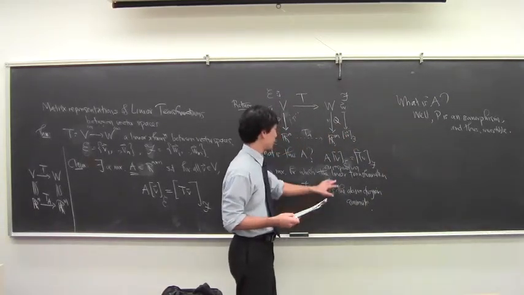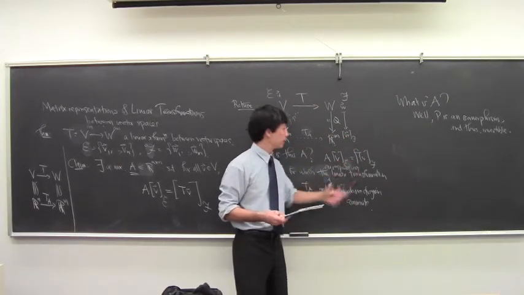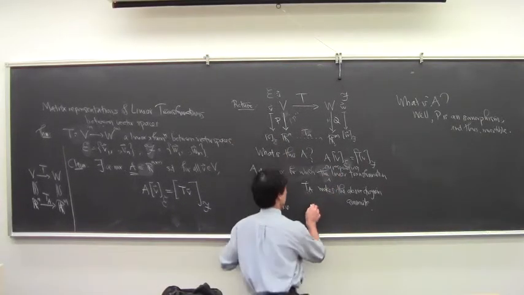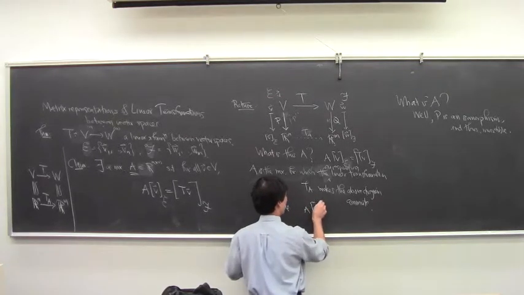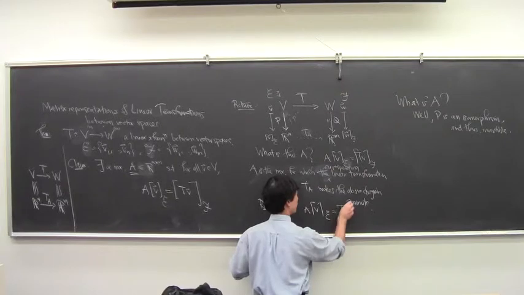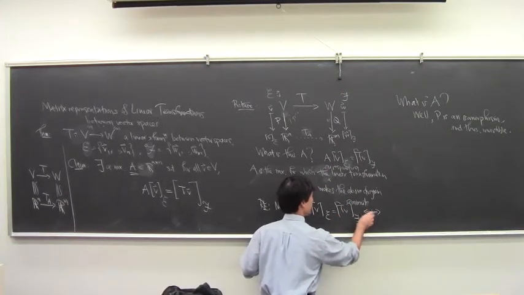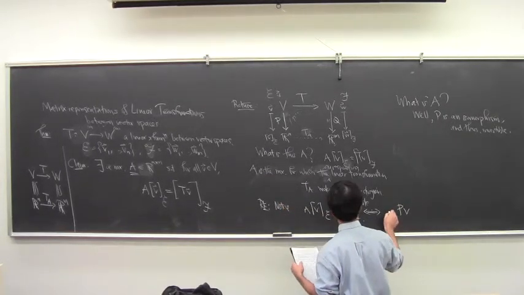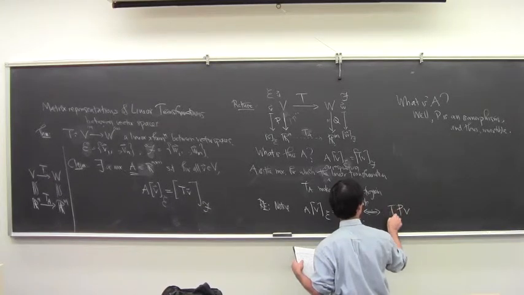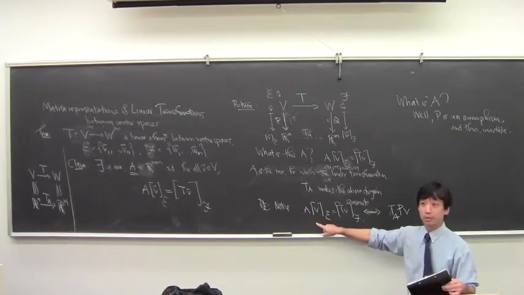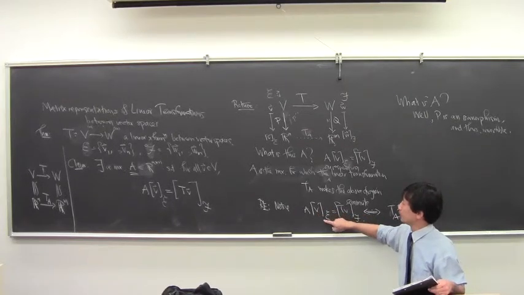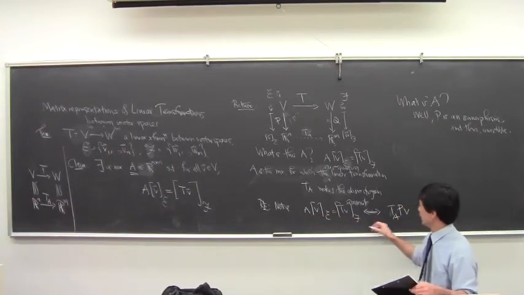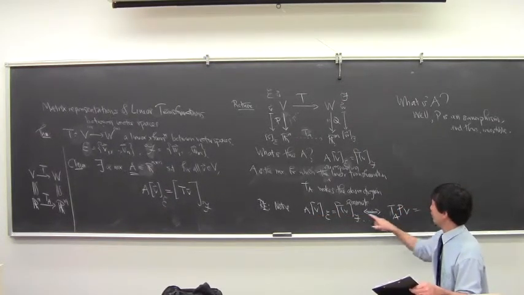Let me make one comment about this thing first. Notice that if I write this, it's the same thing as saying you take V and run it through P first, and then hit it with T sub A. On the left side, you take V and hit it with P to get the coordinate vector with respect to E, and then you hit that thing with A. And over here, what should I write on the right hand side?